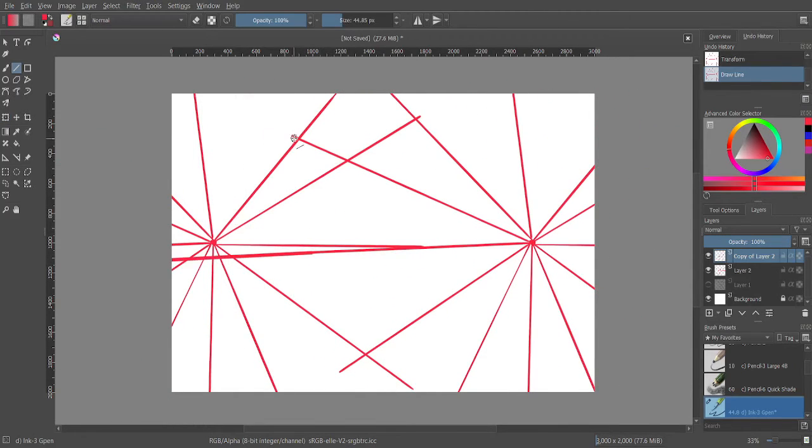Where we have two vanishing points now, hence the name 2-point perspective. So we have one vanishing point here and one vanishing point here.